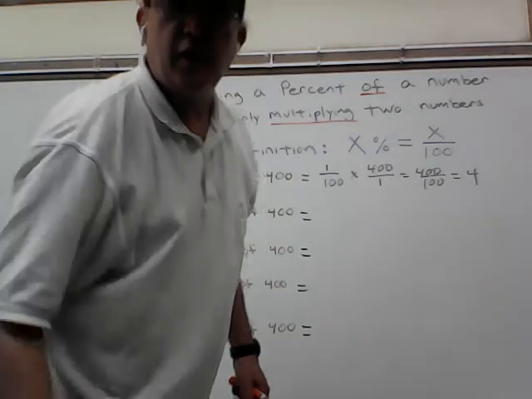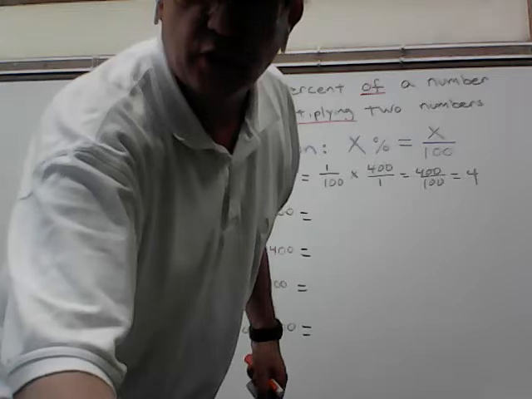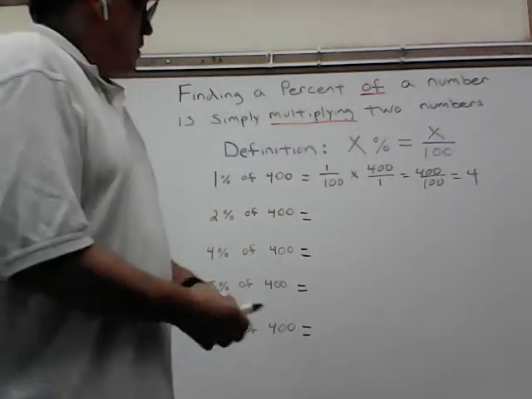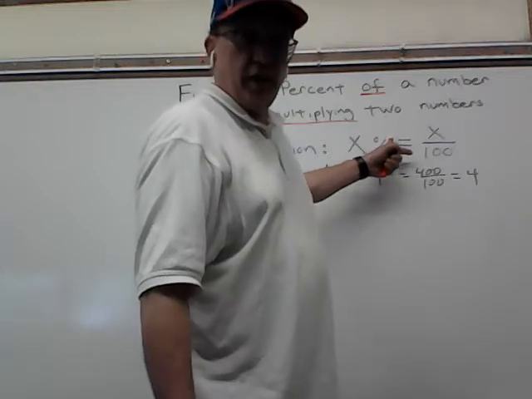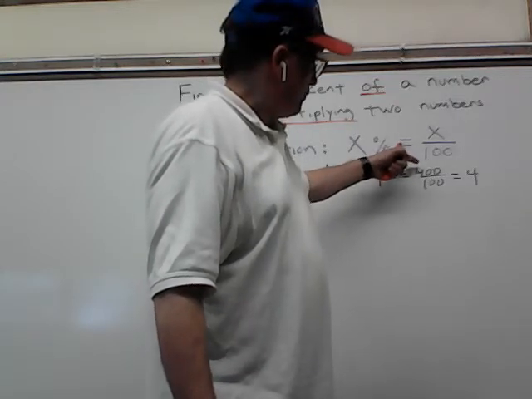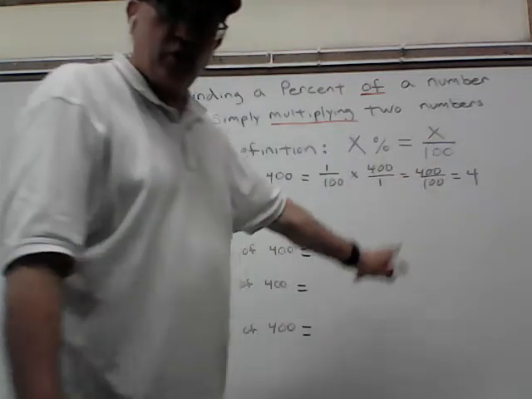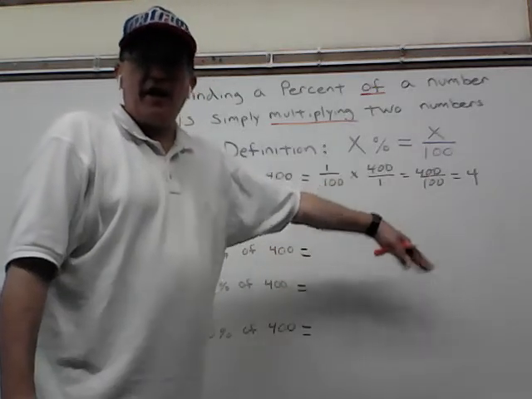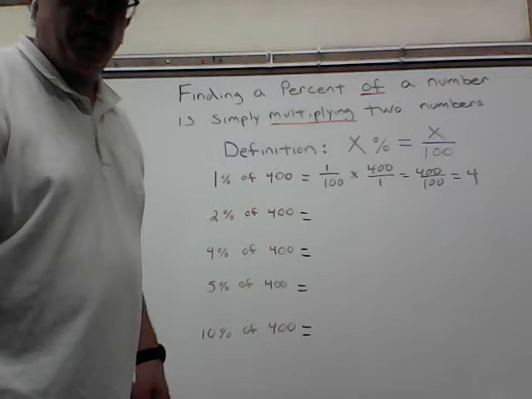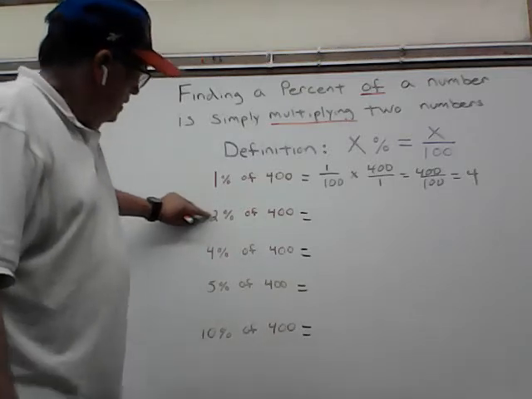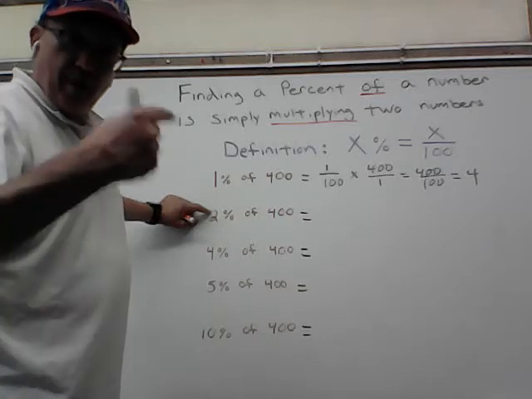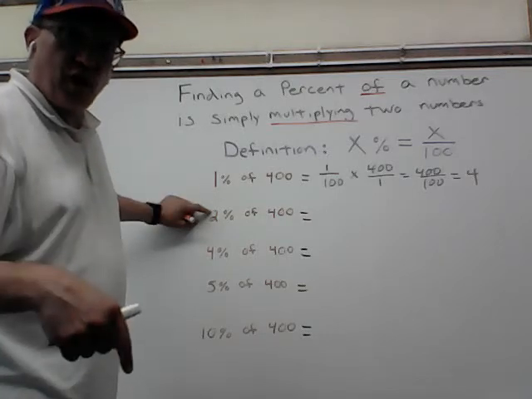I left the work and the answer for 1% of 400 up there. We eventually simplified by dividing 400 divided by 100 to get 4. And the way I did all these others was the same in the end, dividing by 100 to simplify. But this percent here, 2%, by definition, it's 2 over 100.